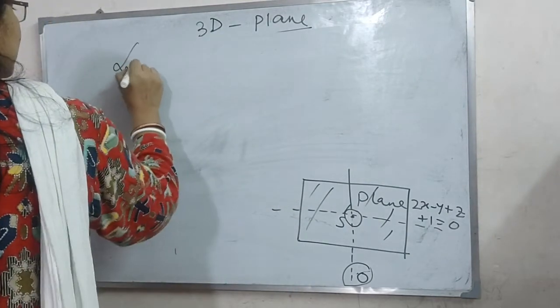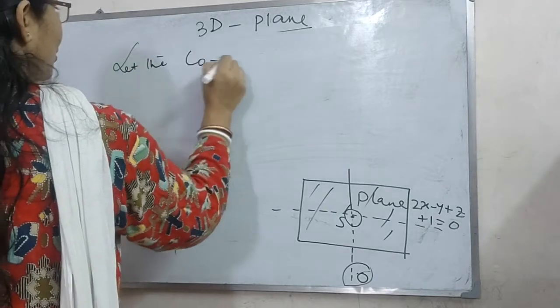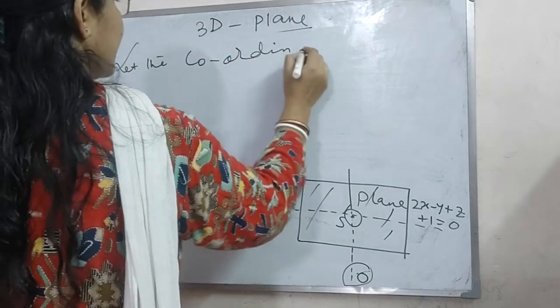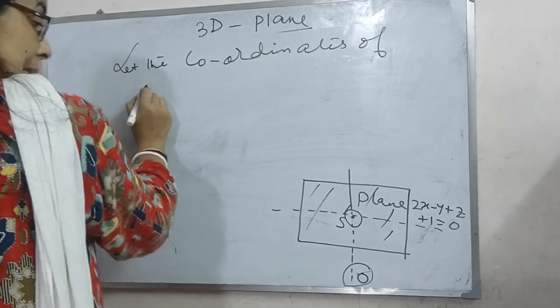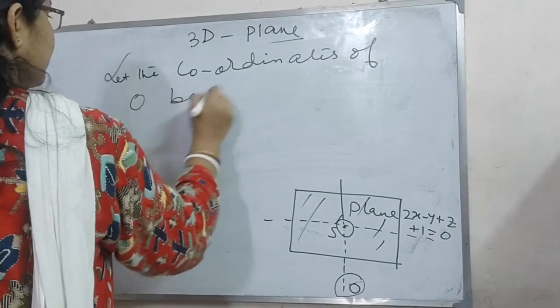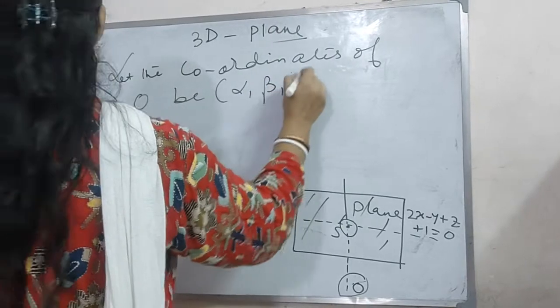Let the coordinates of O be alpha, beta, gamma.